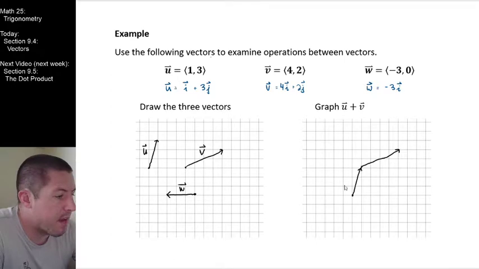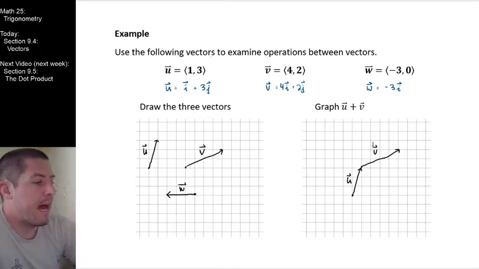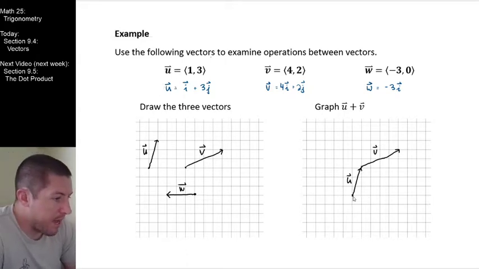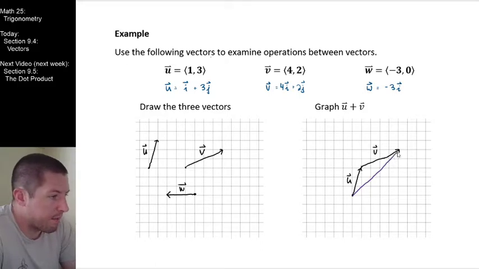So here, I've done u, I've done v, and it now looks like I can say that my final vector right here, let me get a new color, is going to be this guy. Hey, I can't believe how straight of a line I just drew right there. This is our u plus v.